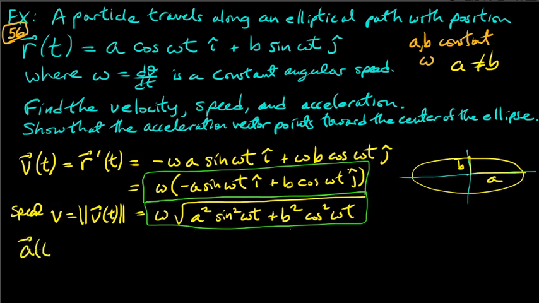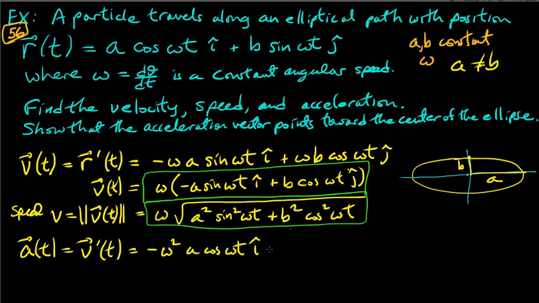So for the acceleration, well, we have the velocity, this is our v here. So just take the derivative of it. So we get another omega. We're going to get negative omega squared a times cosine of omega t times i. And then we're going to get a minus omega squared times b times sine of omega t times j.